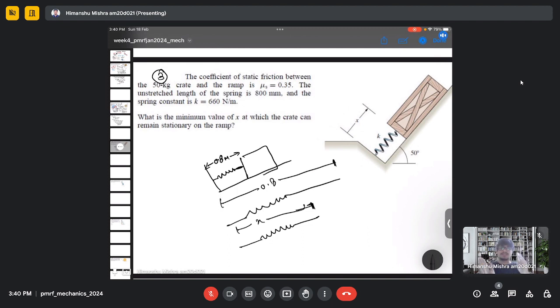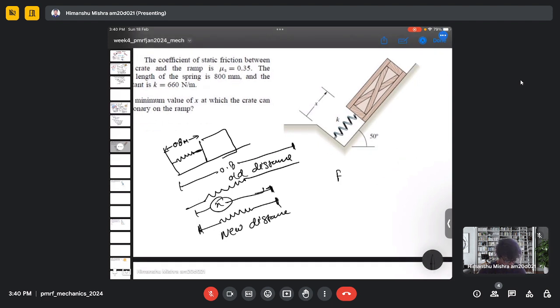So there will be a distance x where the crate will remain in a stationary position, and it will come from point A to x. So this is that distance x. This is my new distance, and this is my old distance.